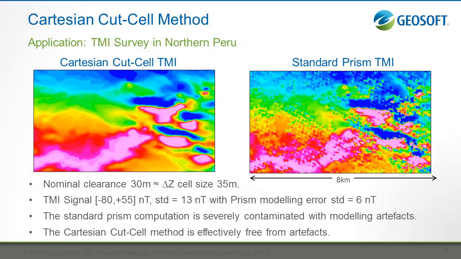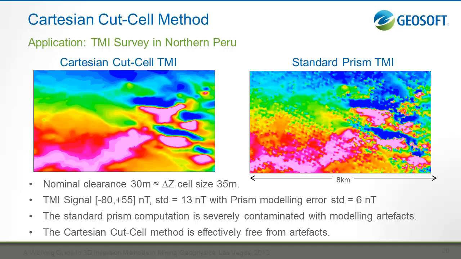Now here are the corresponding images for a TMI survey, in this case flown on a 30 metre drape. You can see that the TMI image is quite clean and free from modelling artifacts, whereas the corresponding calculation from the standard prism model shows significant noise, due to flying close to or far away from prism edges.